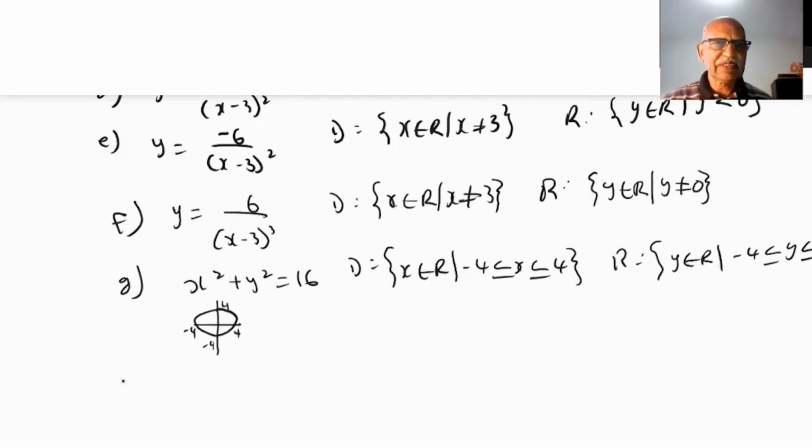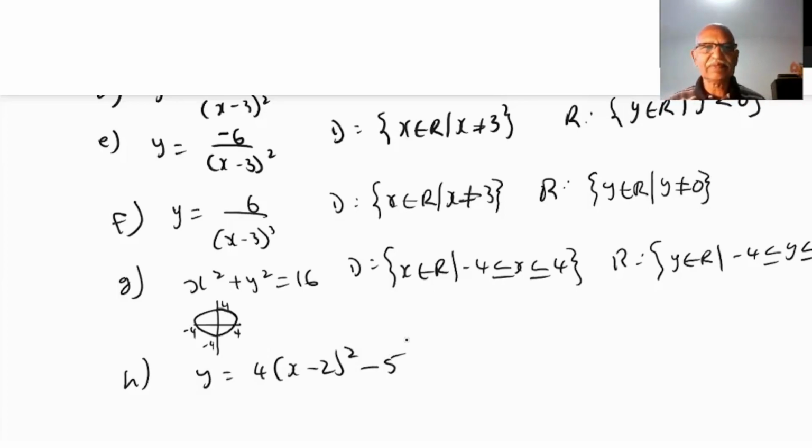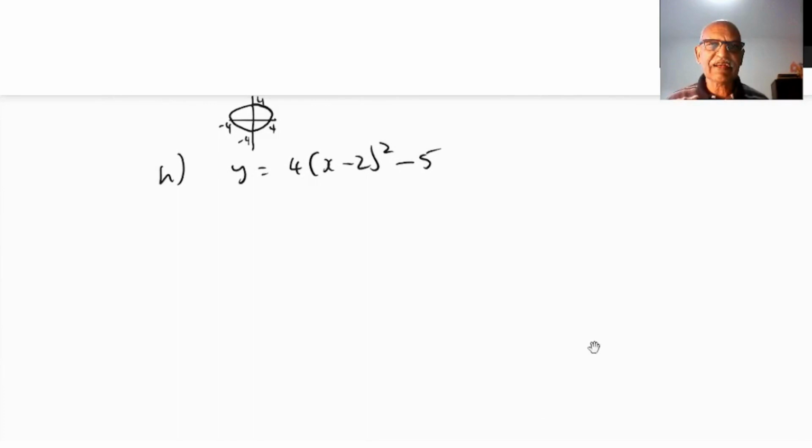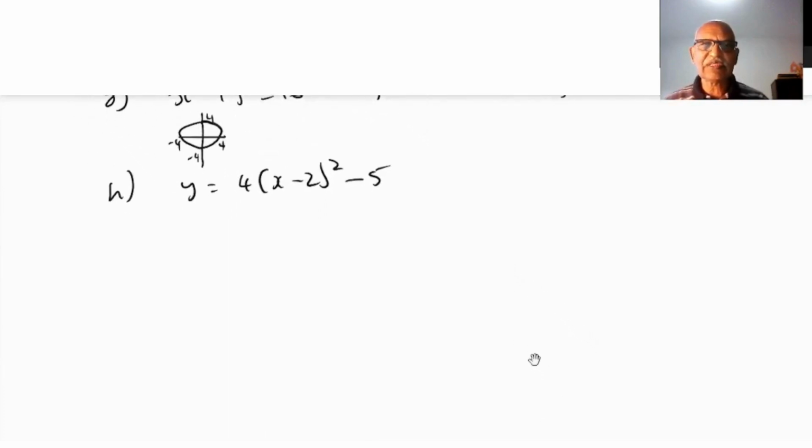Okay. y equals 4 times (x minus 2) squared plus negative 5. This is a parabola with a vertex of (2, negative 5). For a parabola opening up or down, the domain is always all real numbers.